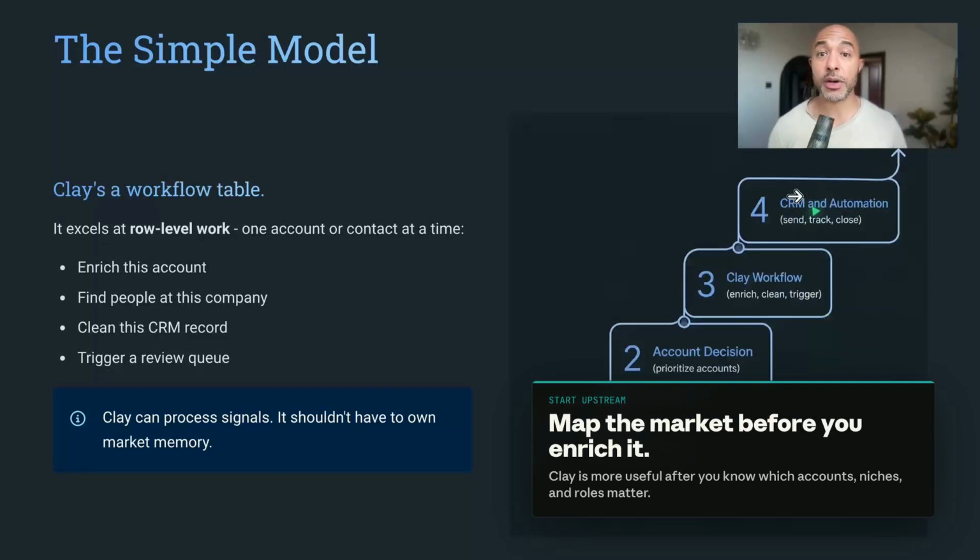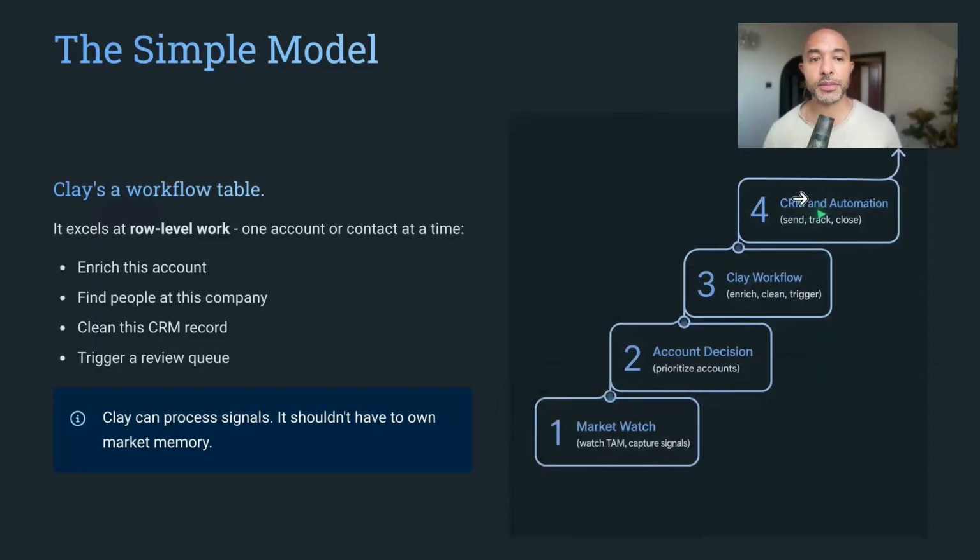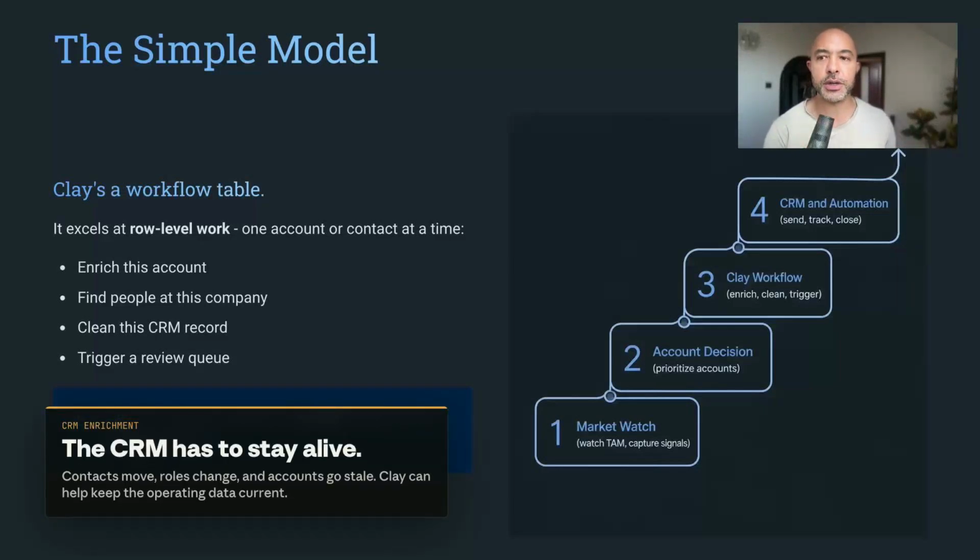Also, we do a lot of CRM enrichment, so keeping your CRM data up to date, making sure that every contact in your CRM is associated with an account, and that the contacts you prioritize, the people you really want to keep track of, are tracked. For example, you want to track when they're changing roles or changing jobs.